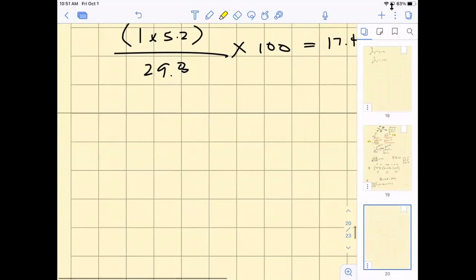So that's going to be at the top for secondary A, 2 times 3.9 divided by 29.8.